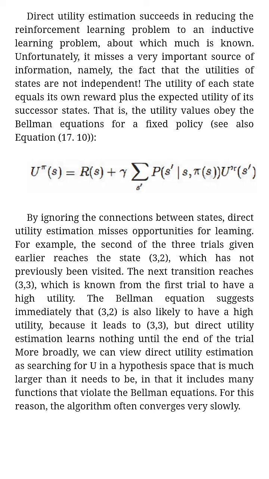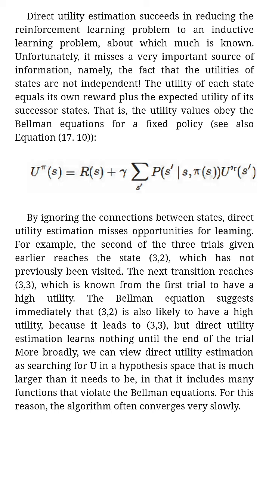The next transition reaches (3,3), which is known from the first trial to have a high utility. The Bellman equation suggests immediately that (3,2) is also likely to have a high utility because it leads to (3,3), but direct utility estimation learns nothing until the end of the trial.